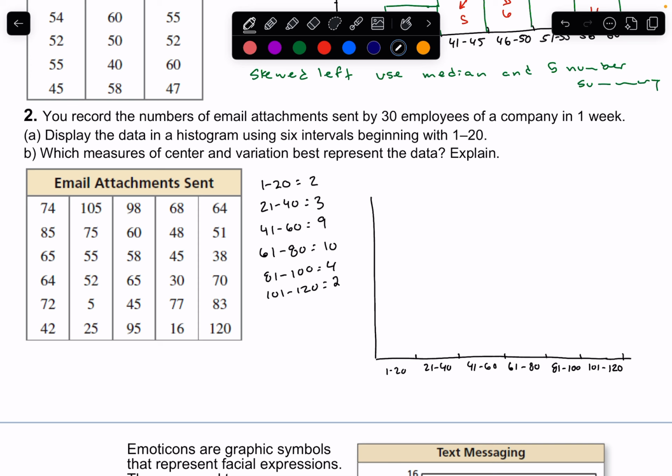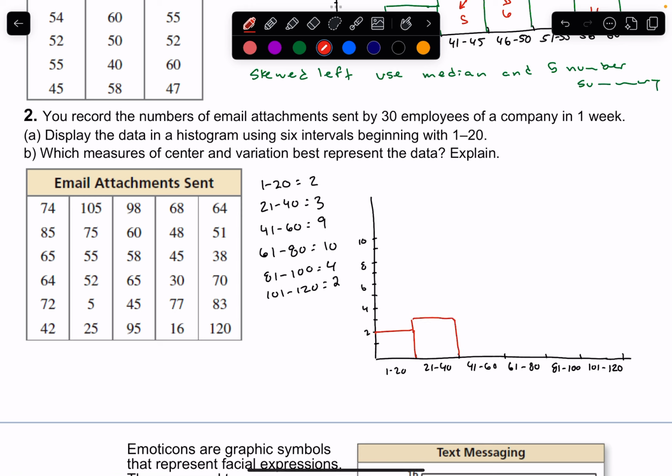So we've got to go from 2 to 10. So again, I'm just going to go 1, 2, 3, 4, 5, 6, 7, 8, 9, 10. Okay, my first group, 1 through 20, there are 2 people that sent 1 through 20 email attachments. There are 3 people who sent 21 to 40 email attachments.